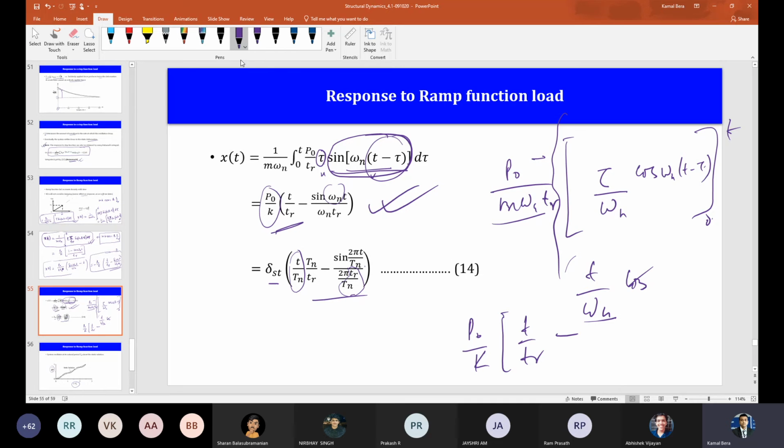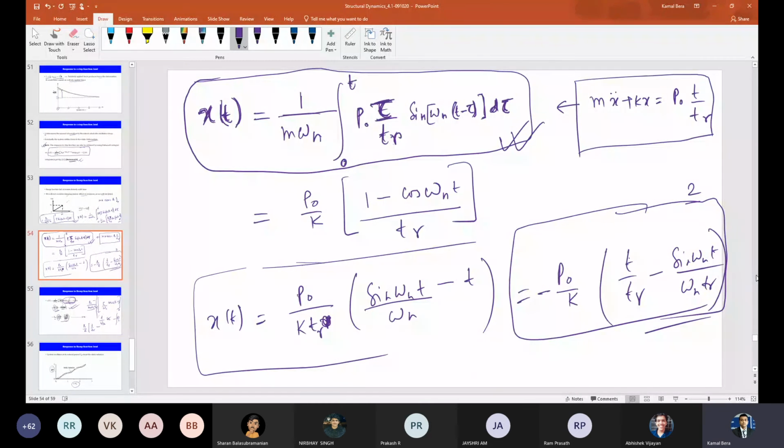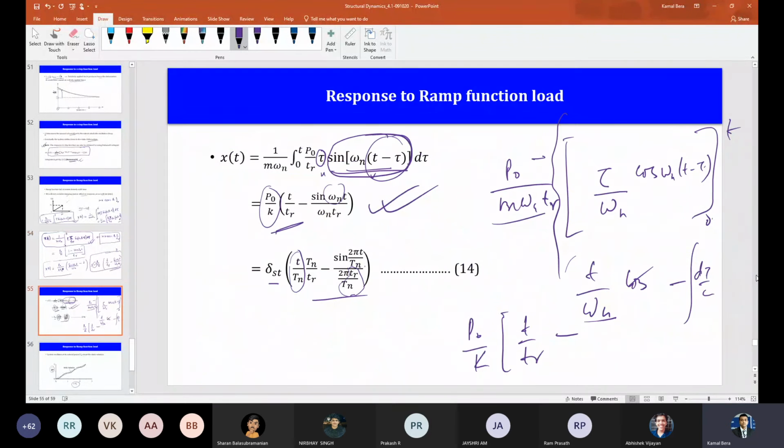You can do the second part, the tau d tau part, by parts integration. I don't know why he got a minus sign, someone. Have you made some mistake? This is straightforward. Clear?